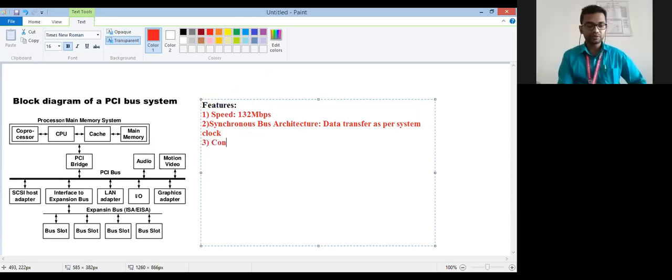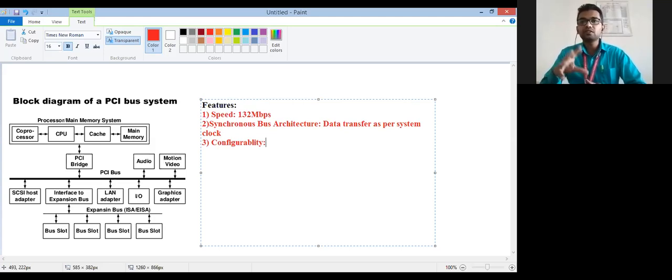Then configurability. When any new device is connected to the PCI bus, it is auto configured. Whenever you connect, say, a monitor, there is no need to install new drivers.